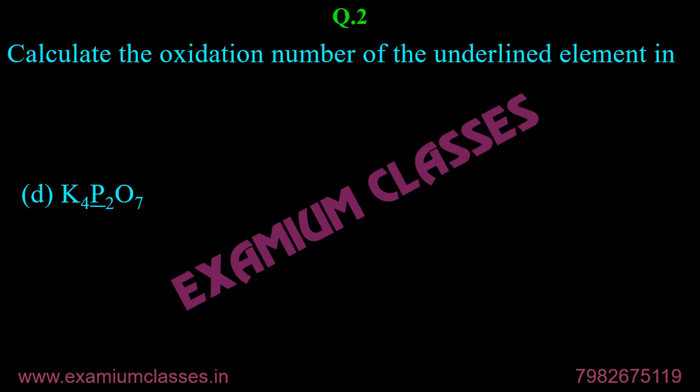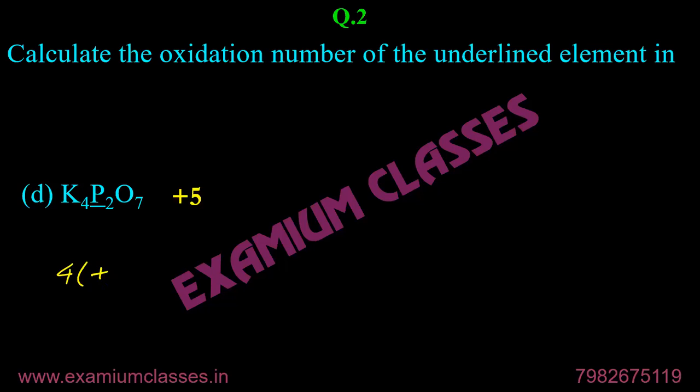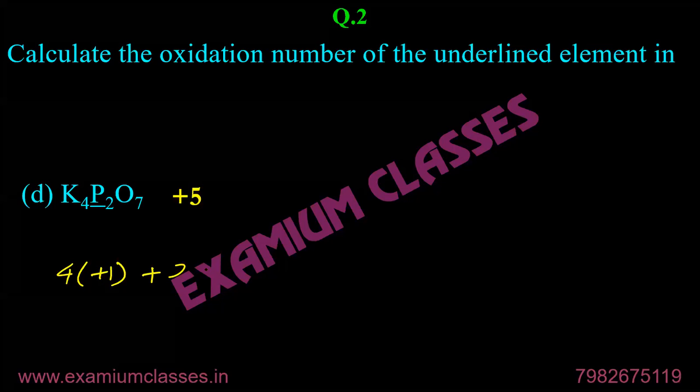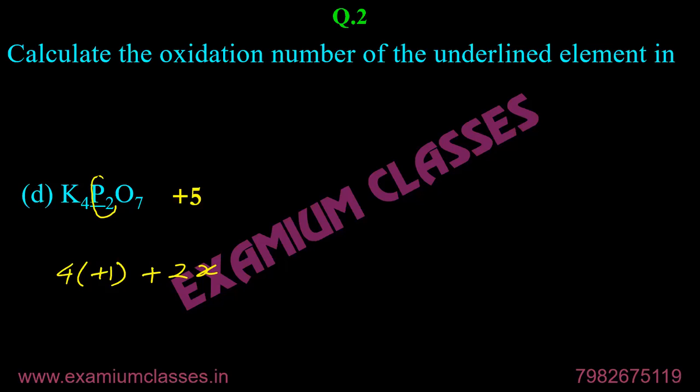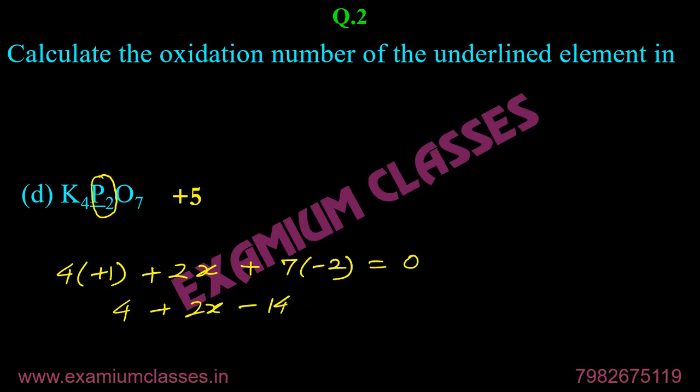Mehak, Shashwat, correct. Okay, so it is +5. Potassium is +1, so 4 times +1, plus 2 times X, we have to find phosphorus, plus 7 times -2, oxygen has -2, equals 0. So 4 plus 2X minus 14 equals 0. 2X equals 10. X equals +5.